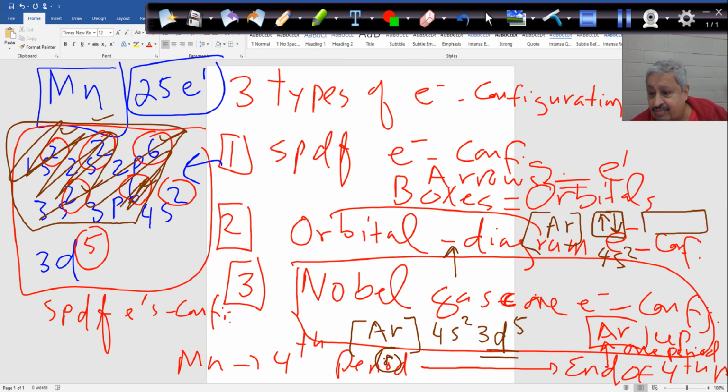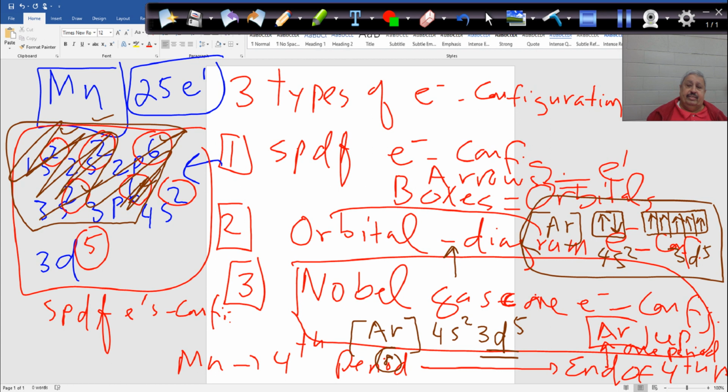So I put here 1, 2, 3, 4, 5. When you enter them: up, up, up, up, up. And this will be 3d5. This is the orbital diagram, boxes and arrows, correct? And this is the noble gas electron configuration, correct?